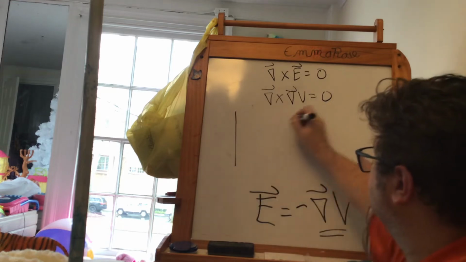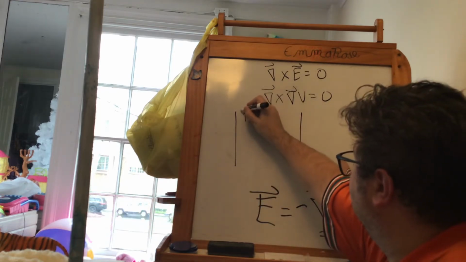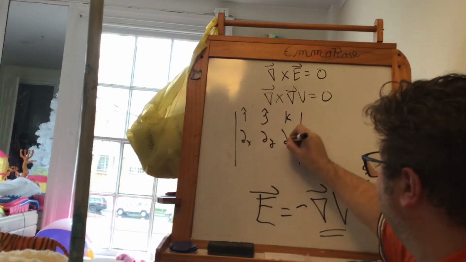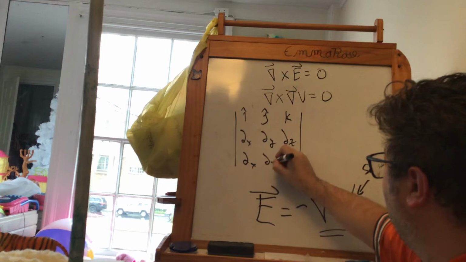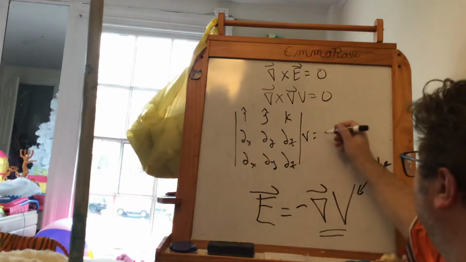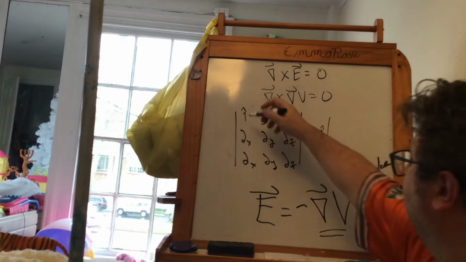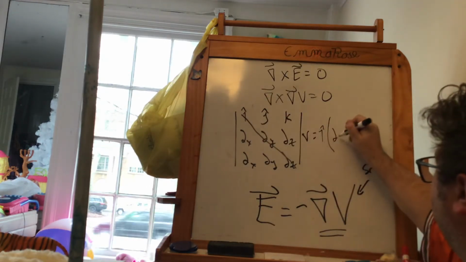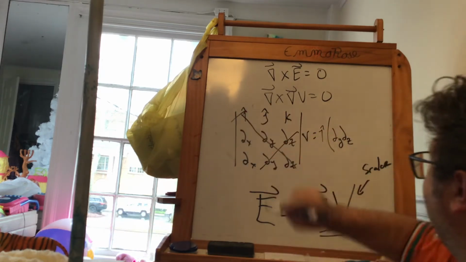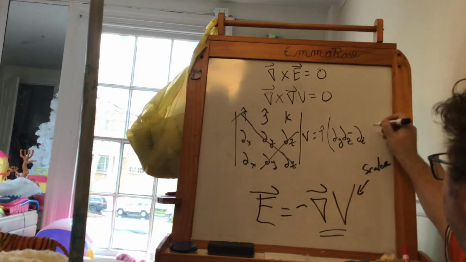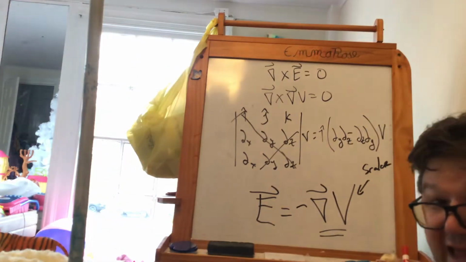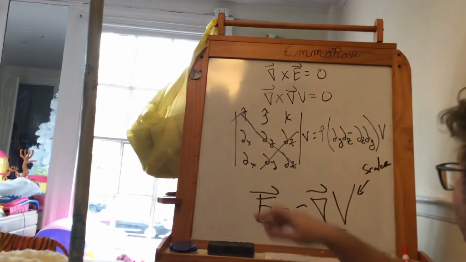Well, if I take i, j, k, d/dx, d/dy, d/dz, and act that all on V, what do I get? Well, if I just look at the i hat terms, you get d/dy d/dz, and then, going that way, I get minus d/dz d/dy. And all that's got to act on V. Now, there's going to be a j hat term and a k hat term, but let's just worry about the i hat for a second.